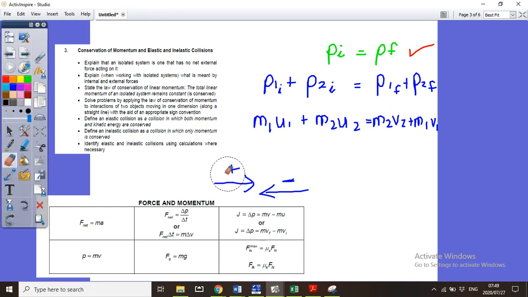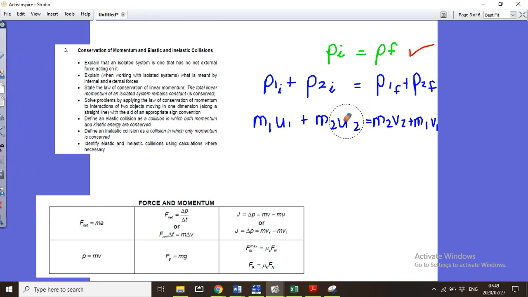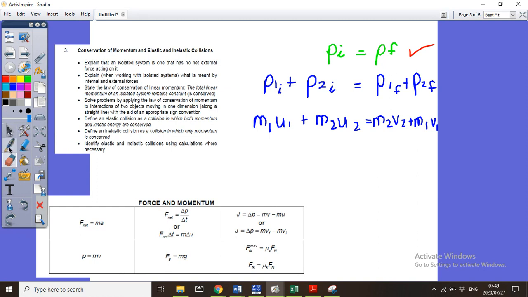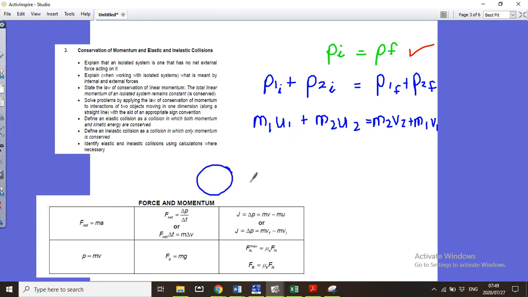Now this can change when sometimes nothing is moving. So this is for an explosion type question. In an explosion, you have one big thing and it shoots out in parts. So that part goes that way and that part goes that way. We only look at linear momentum, so we're not going to give it to you at an angle. Now, initially, there is no momentum. So the initial momentum is 0 because nothing is moving.